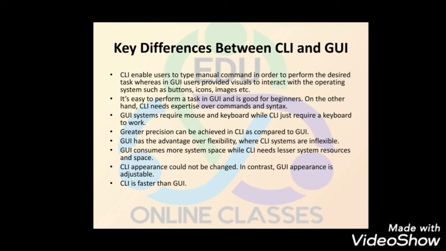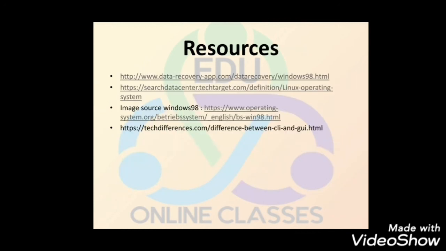Then CLI appearance cannot be changed. In contrast, graphical user interface appearance is adjustable. Then CLI is faster than GUI because CLI directly interacts with the system and graphical user interface requires middleware.